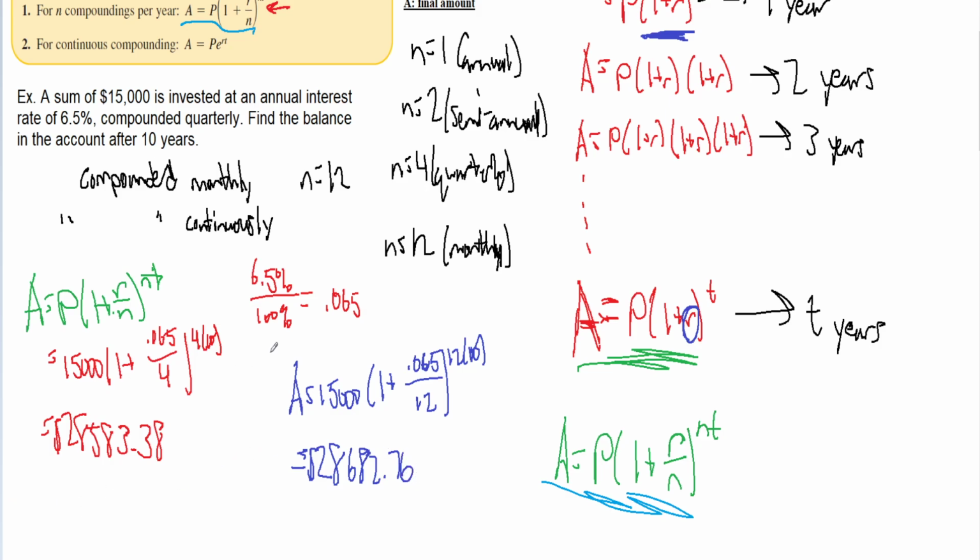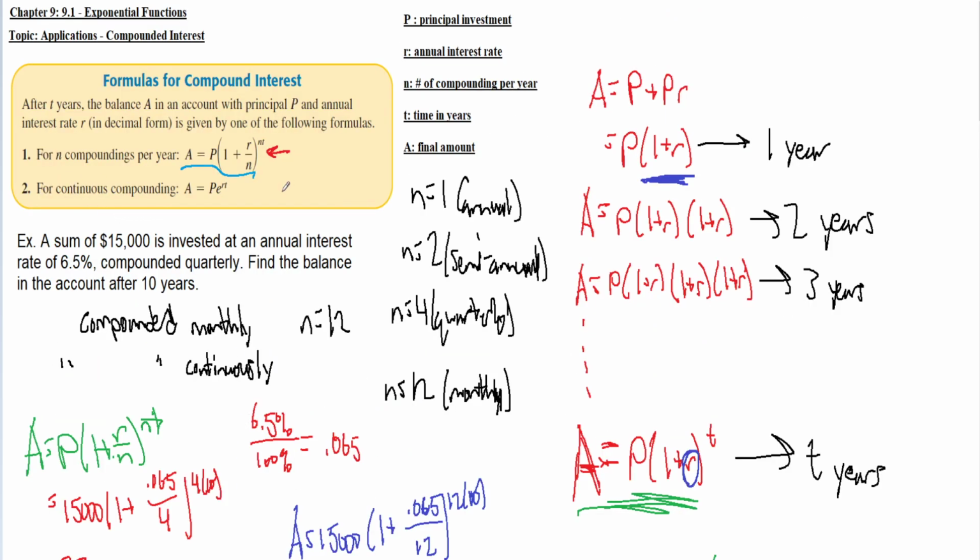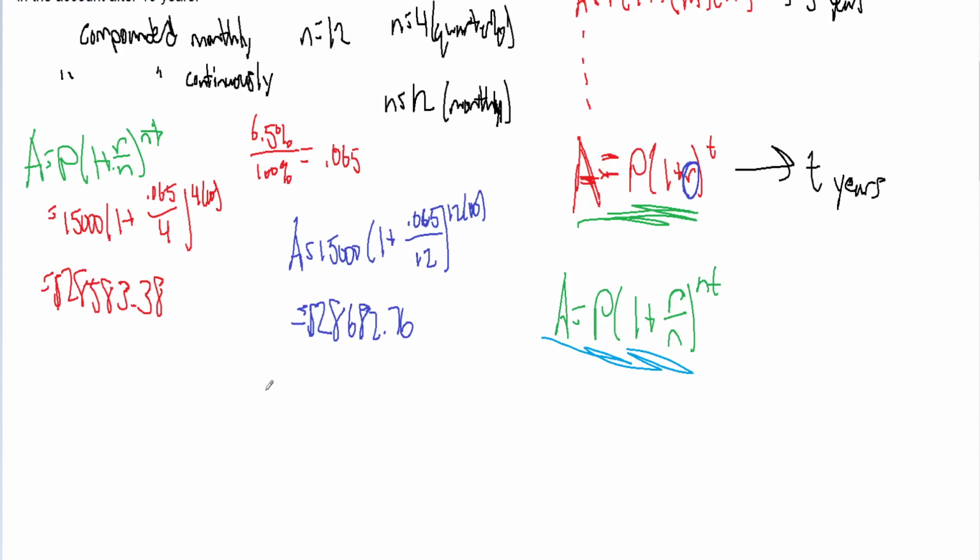And finally, to compare all these values, what if we compounded continuously? When we compound continuously, we're no longer using the first formula. Instead, we have a base of e right here raised to the R times T. So it's raised to the annual interest rate times the amount of time, and the reason for that you'll see in a second.